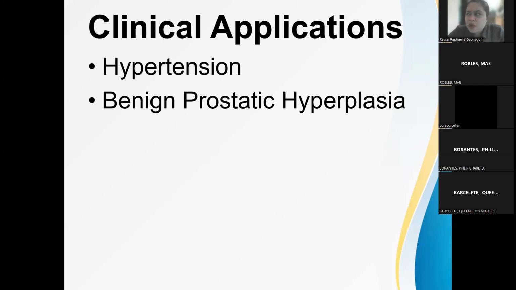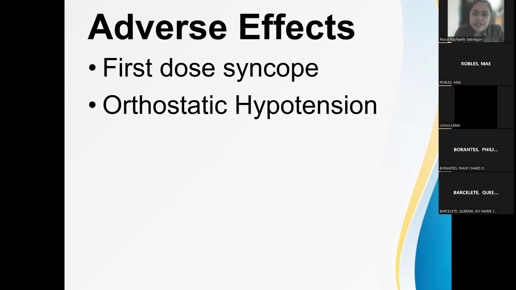Actually, their use have been shifted to BPH nowadays. We don't really give them to people with hypertension, but most of the time, it's on the patients with BPH. So, ito yung adverse effects. Actually, na-mention ko na to sa inyo last time. Our zosins can cause first dose syncope.